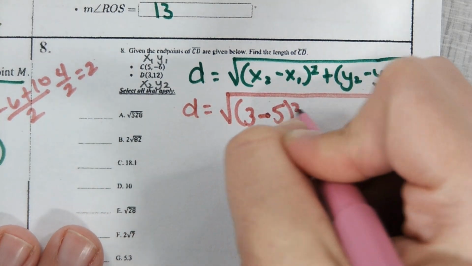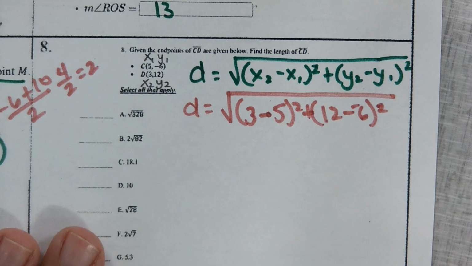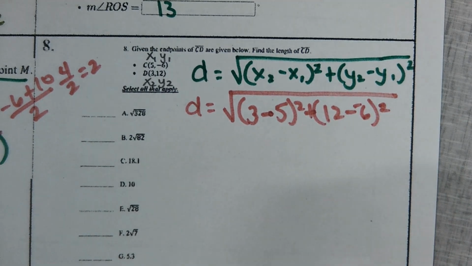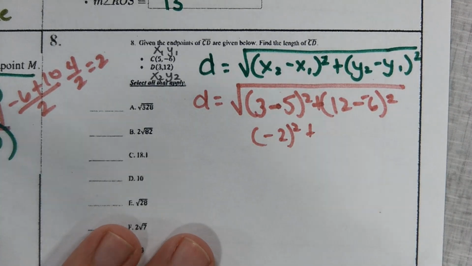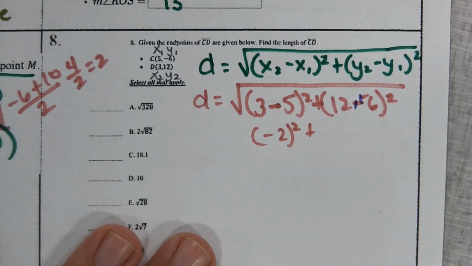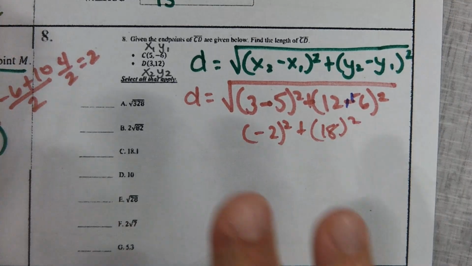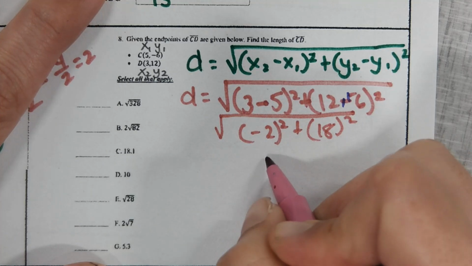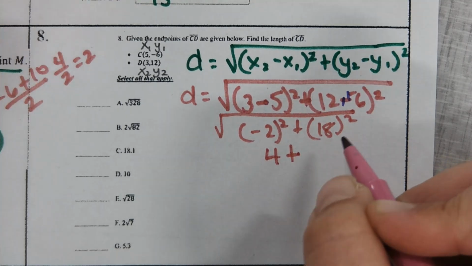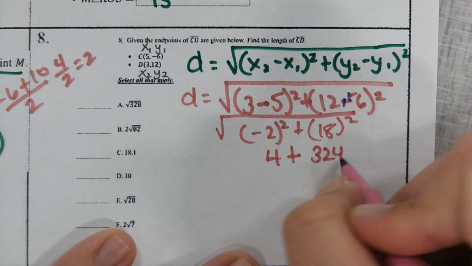Minus 5 squared plus 12 minus -6 squared. -2 squared plus, add the opposite here, we get 18 squared. -2 squared is 4. 18 squared is 324.